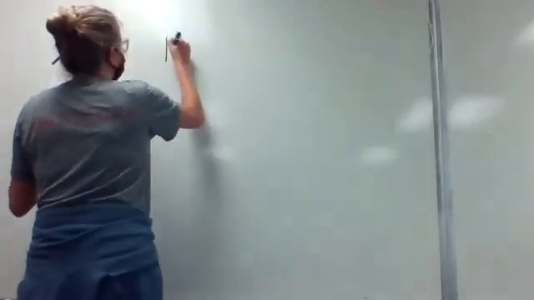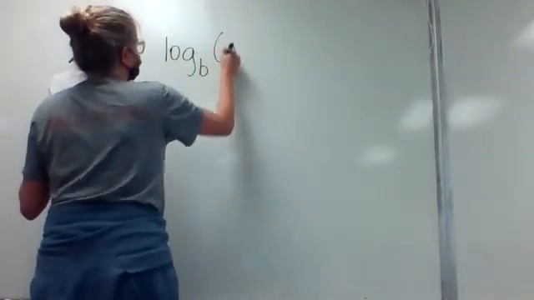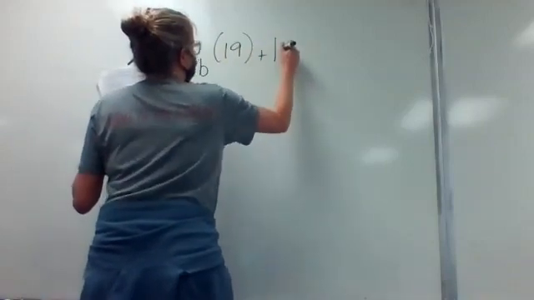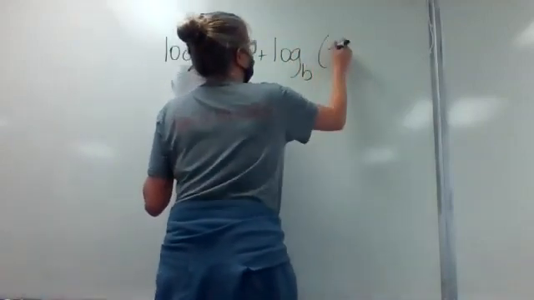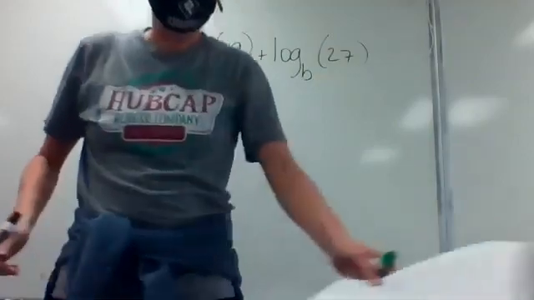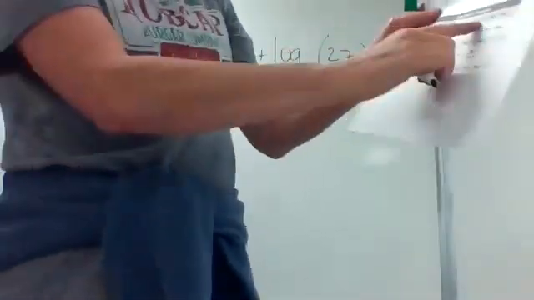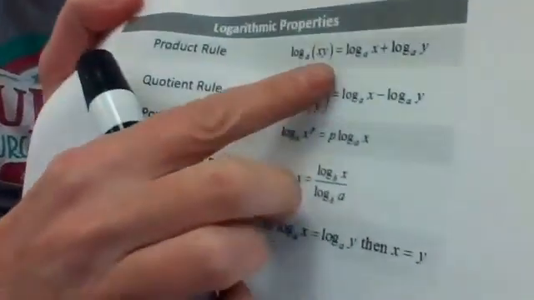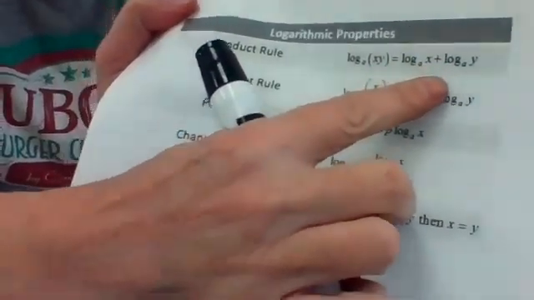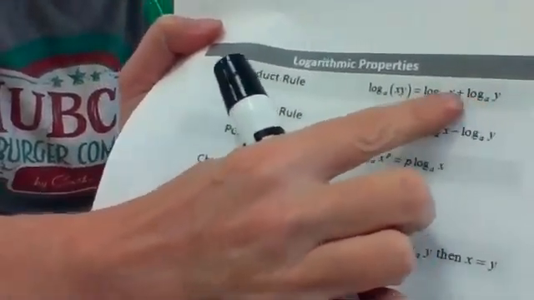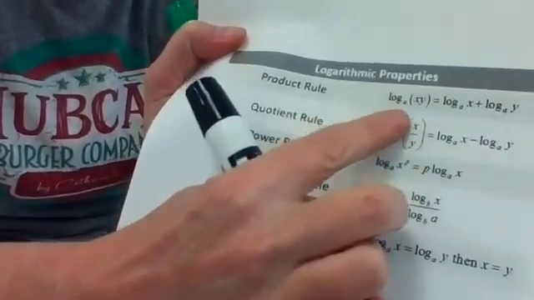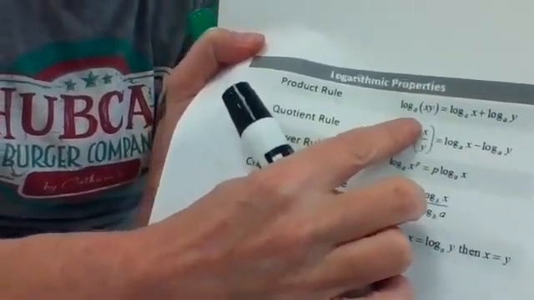All right, you've got log base B of 19 plus log base B of 27. So they're being added together. You're still going to be using this sheet, but instead of turning a multiplication into a sum, it's giving you the sum of two logs and asking you to turn it into the product.